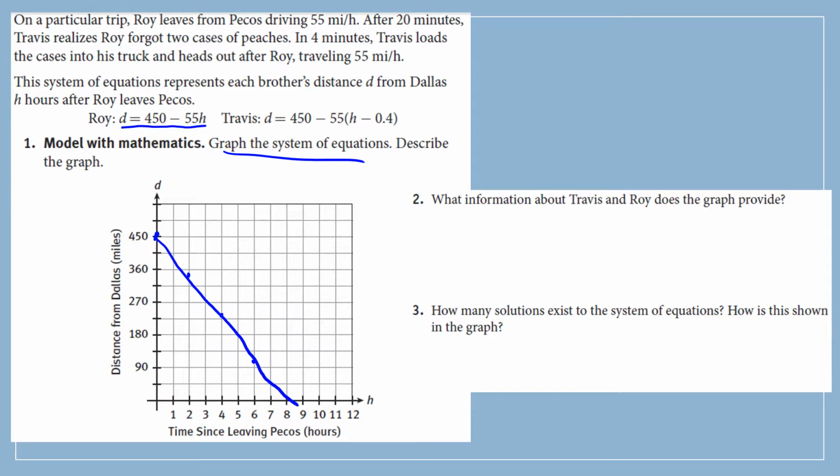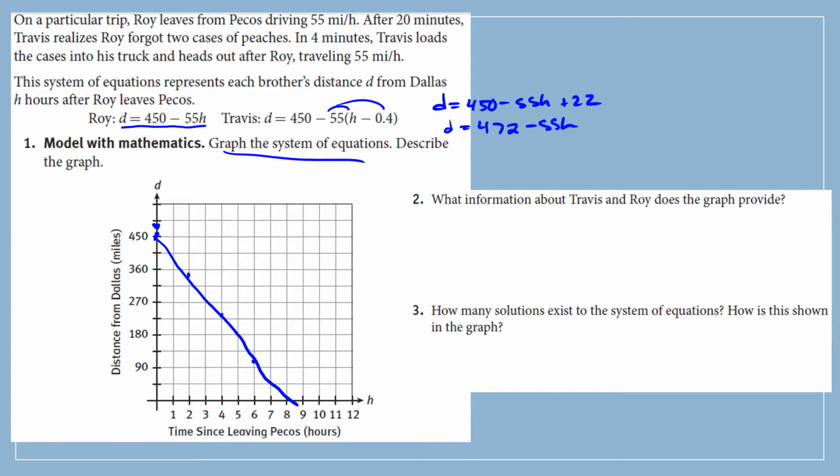And then if I solve Travis's equation, I have to distribute this, so I get d equals 450 minus 55h plus 22. So his is 472 minus 55h. So he's going to start up here, be about here.